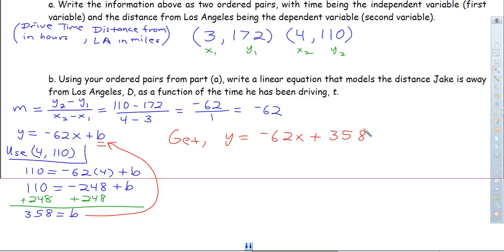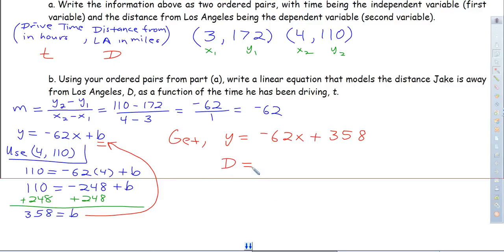And normally we just like to be done here, but remember, what's the question asking? We don't want to always use y and x. We want to get used to using other variables that have meaning. So what's y, what's our x? Well, what does x represent? X is the time, right? And that's our t, so that would be our t here. And what's our y? Our y is the distance from Los Angeles, and that's our d. So let's substitute those in.